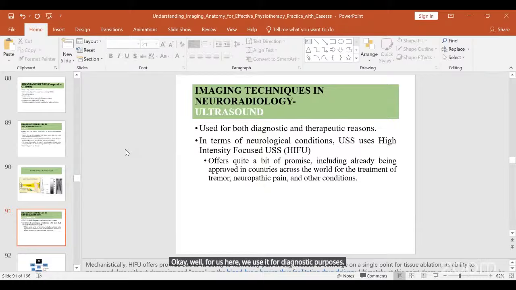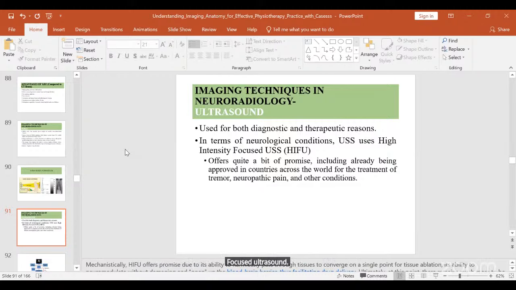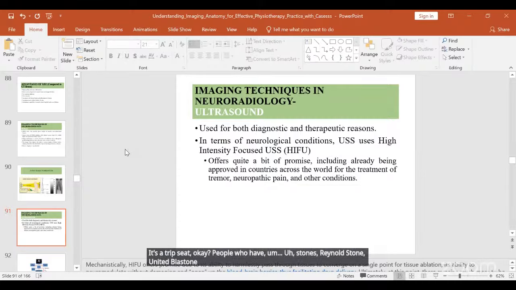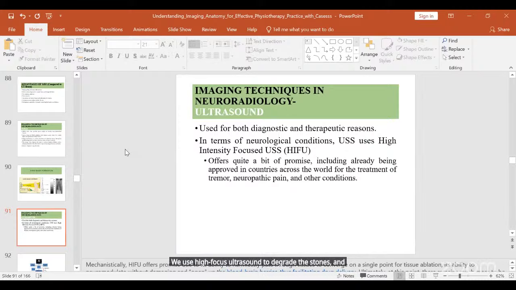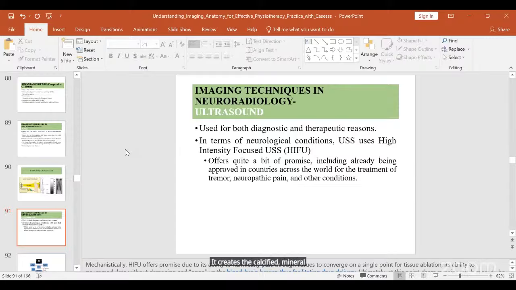In a wide range of muscular conditions, neurological conditions, obstetric conditions, we use it, as well as high intensity focused ultrasound. In fact, there are studies here that we even use ultrasound for lithotripsy. People who have stones, renal stone, urinary bladder stone, nephrolithiasis, whatever, we use high focus ultrasound to degrade the stones, and then somebody can efficiently excrete the calcified mineralized stones via urine without need for intervention.